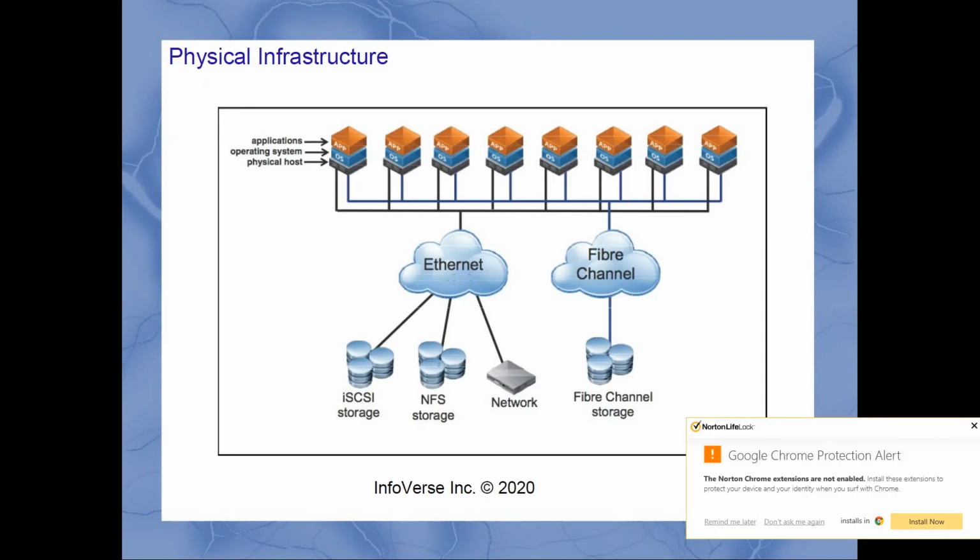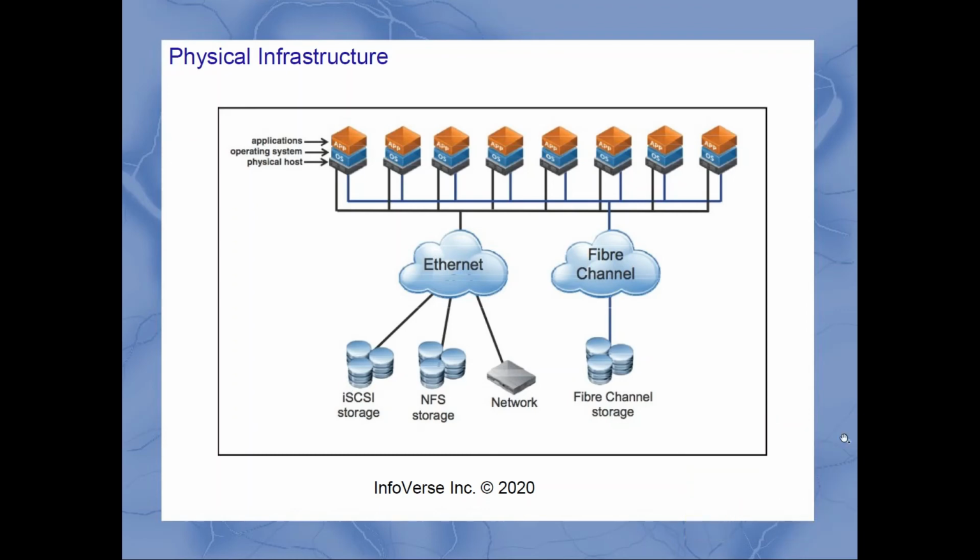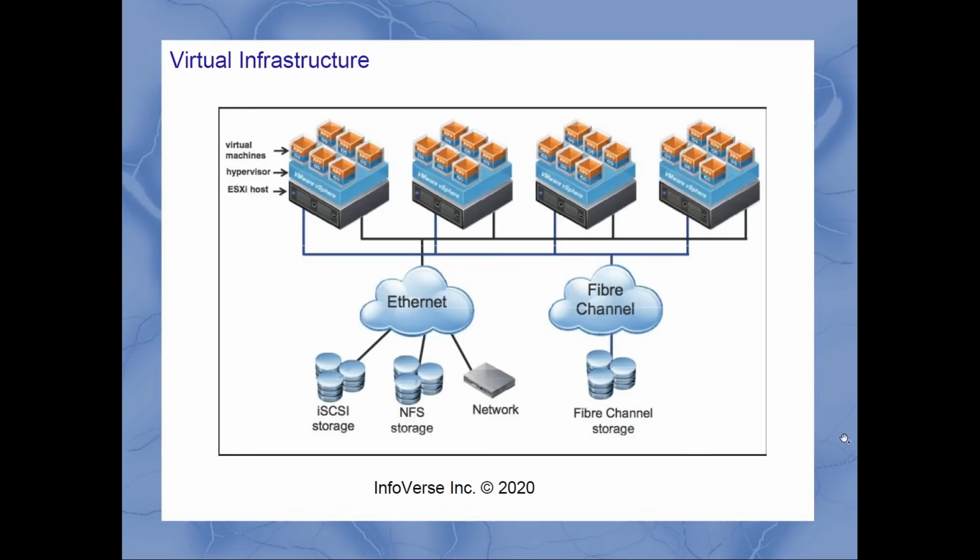When we compare this with the virtual infrastructure, what doesn't change is that the virtual infrastructure is still able to access storage, whether it's over network or dedicated fiber channel.